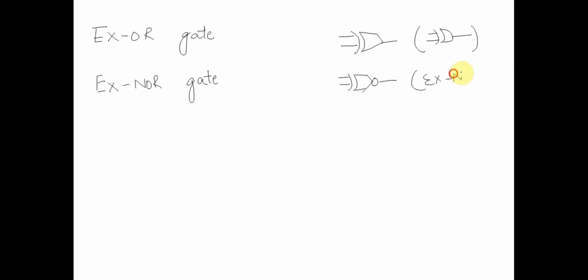We denote this XOR operation by using this symbol, like we denote AND by using a dot, and we denote OR by plus, we denote XOR by plus in a bracket. So this is the XOR operation, this is the OR operation, and this is the AND operation.